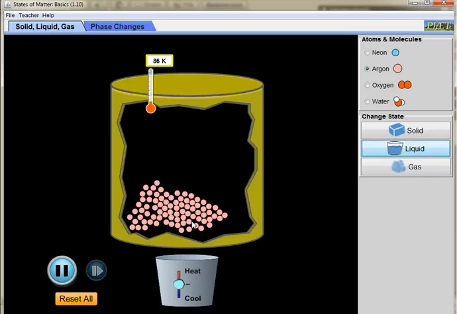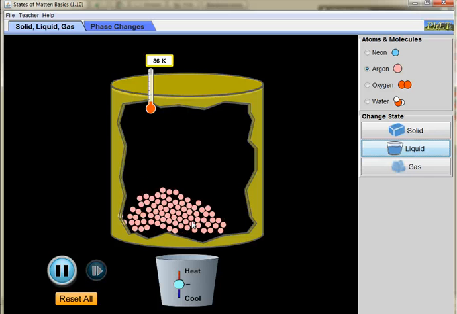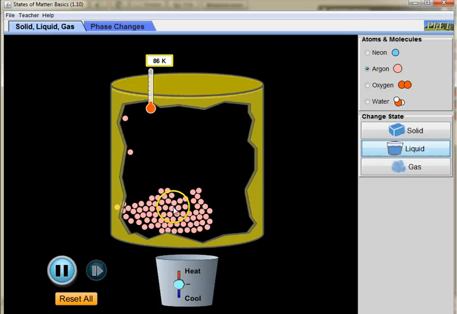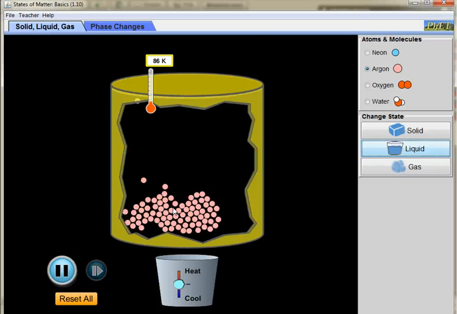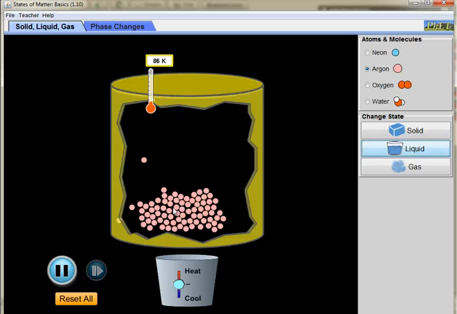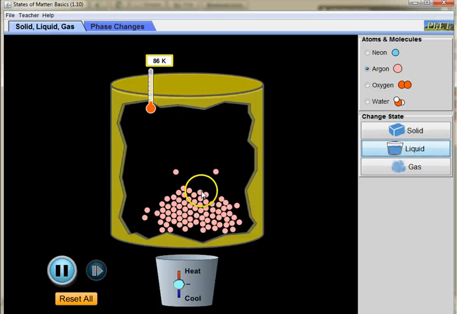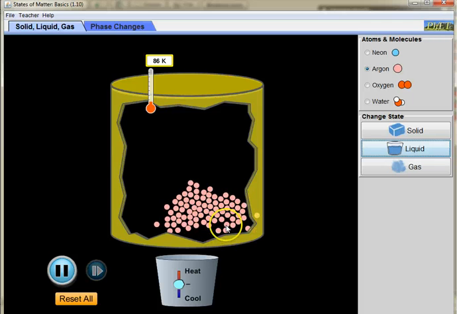What happens to the spaces between the particles? Has it increased or decreased? Clearly increased. The spaces between the particles increased. What happened to the motion of the particles?